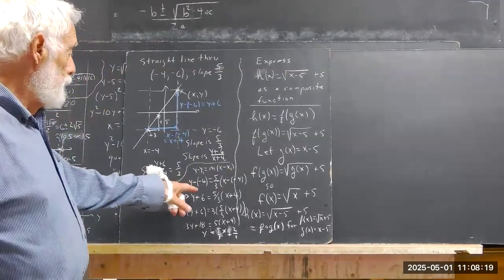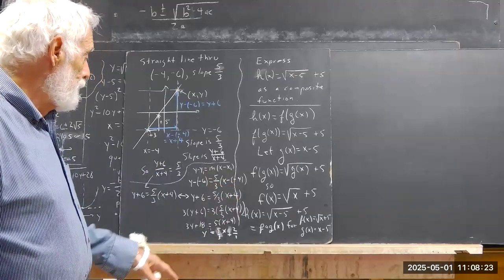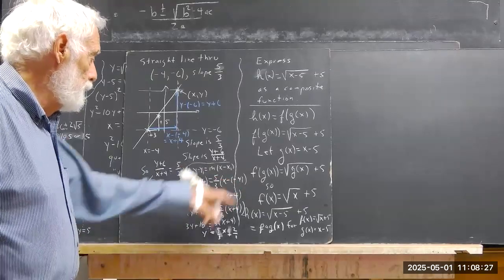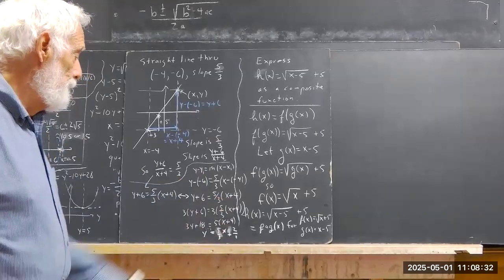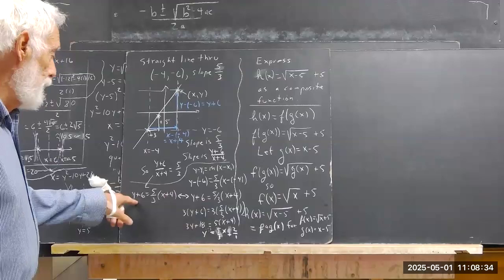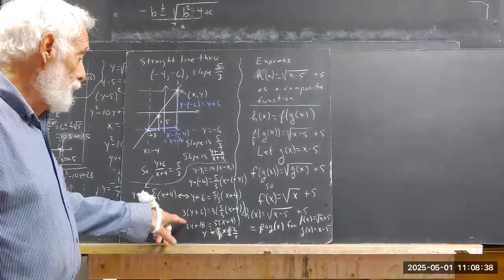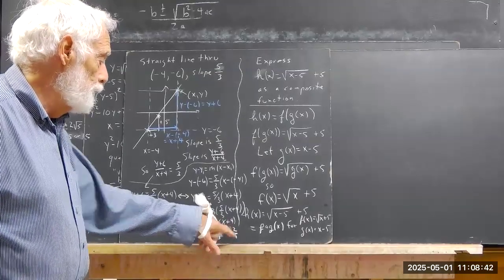We plug in -6 for y1, 5/3 for m, and -4 for x1. We get this, and we use the distributive law on this side at least, and we get this. This is the same as this. So we then solve this using simple steps. You get y equals 5/3 x plus 2/3.